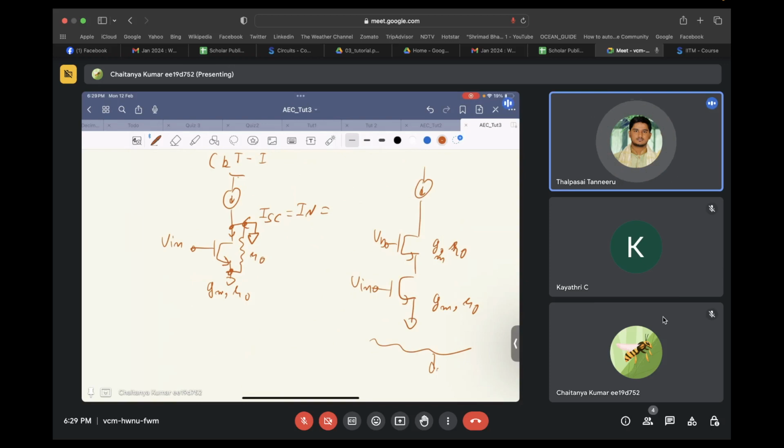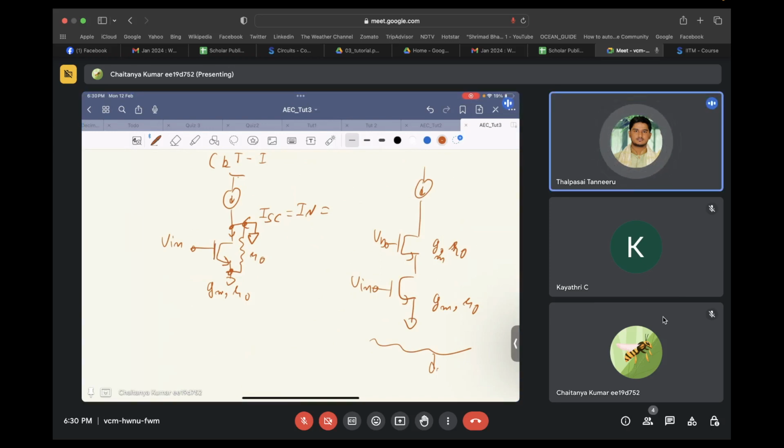The current flow is ISC only. So what is ISC? What is the current that will flow in this particular transistor?